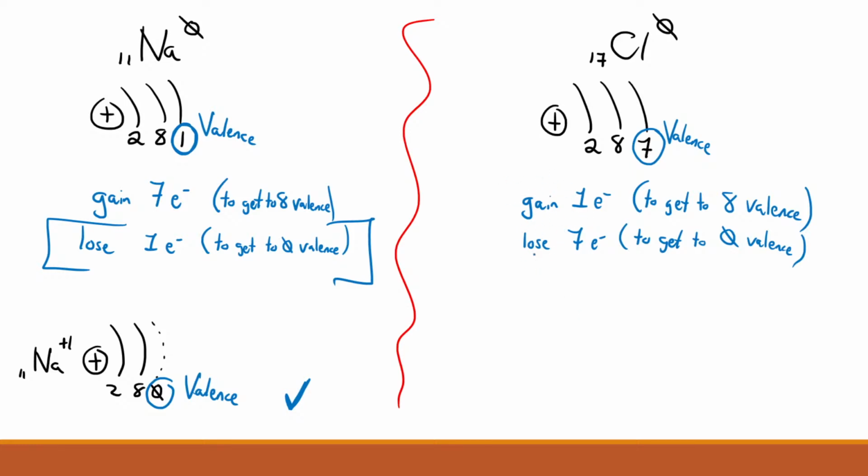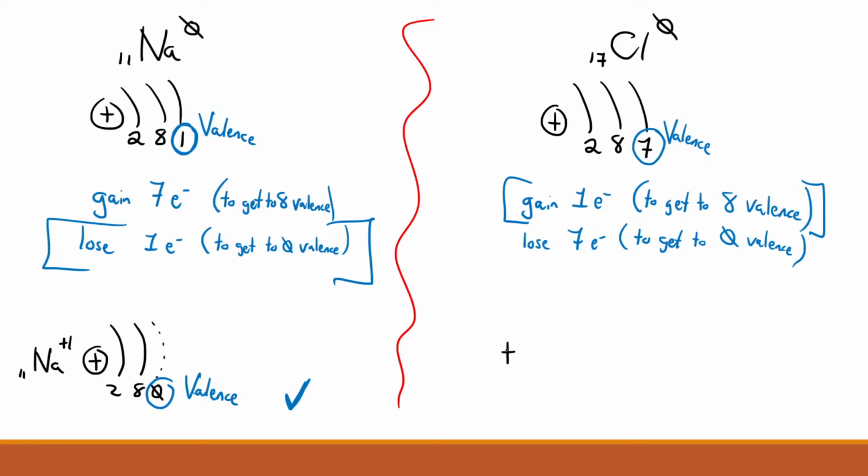Gaining versus losing isn't the important thing. The important thing is looking at the amount of electrons that would have to be gained or lost. Gaining 1 is easier than losing 7, and so chlorine is going to gain 1 electron.